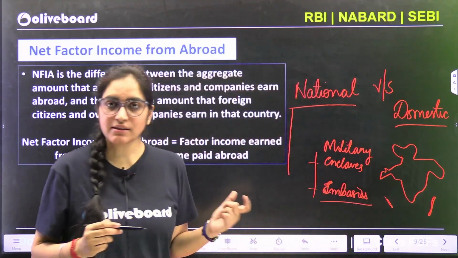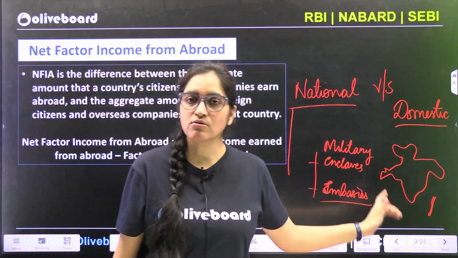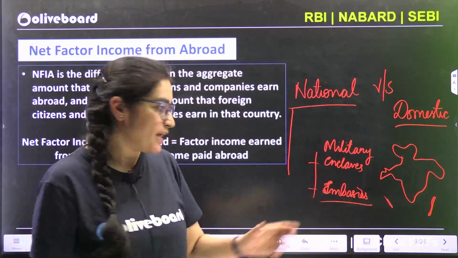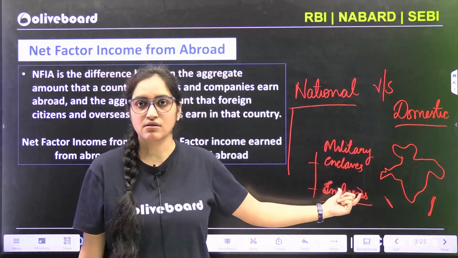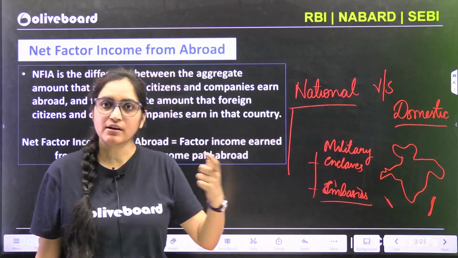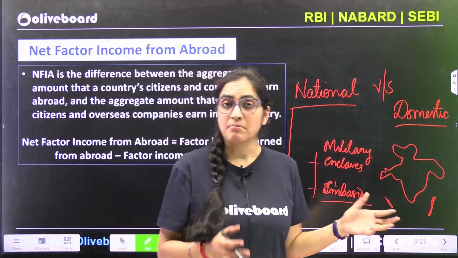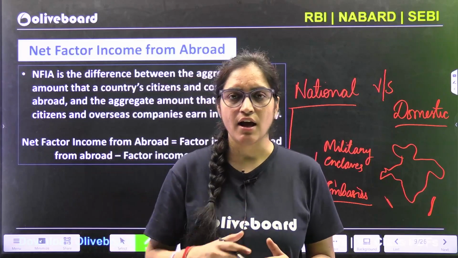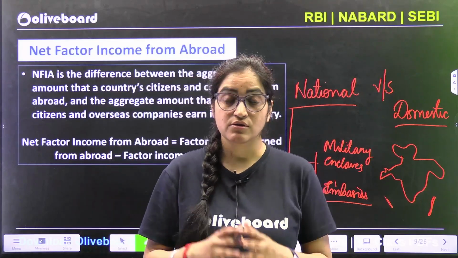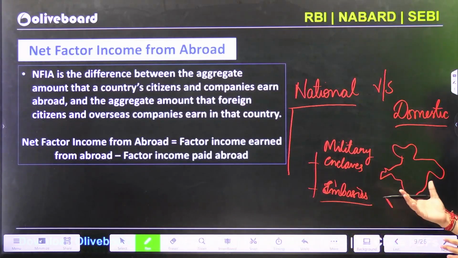So these are nothing but Indian domestic territory, and whatever goods and services are produced in this very region will be calculated under your domestic head. These goods and services might be produced by Indians or foreigners who are living in India. So that's how you can differentiate between national and domestic. I hope that's clear to you all.